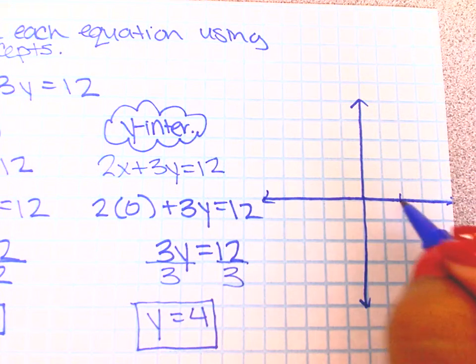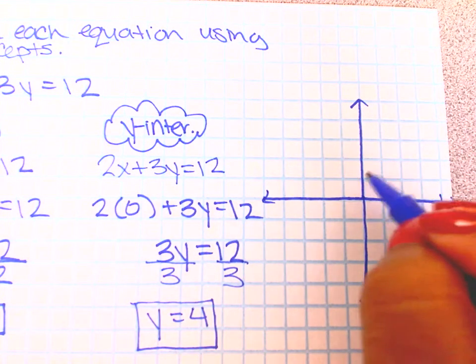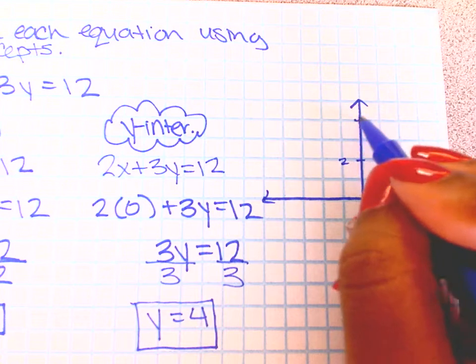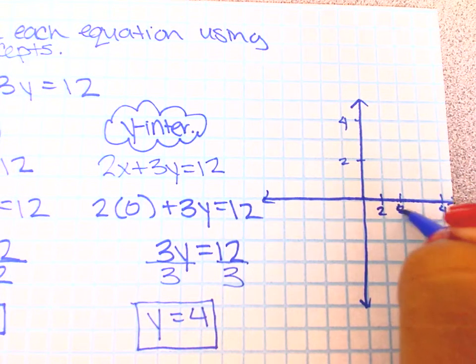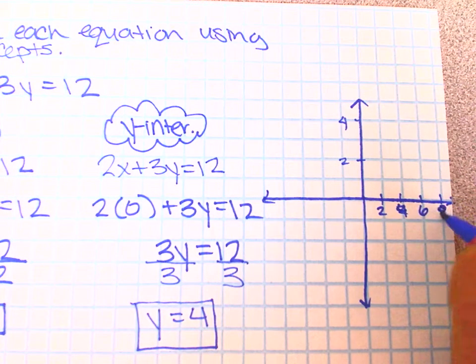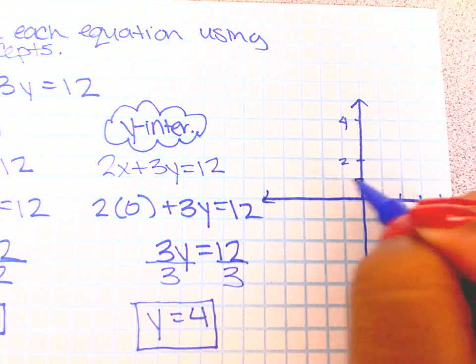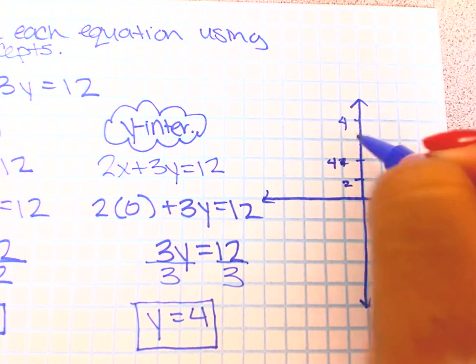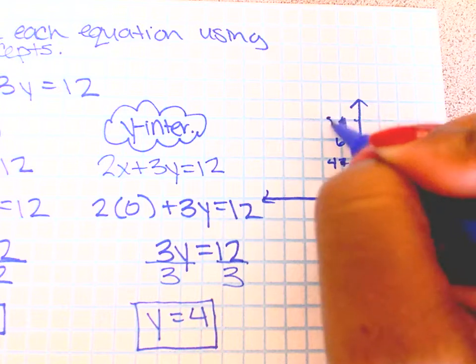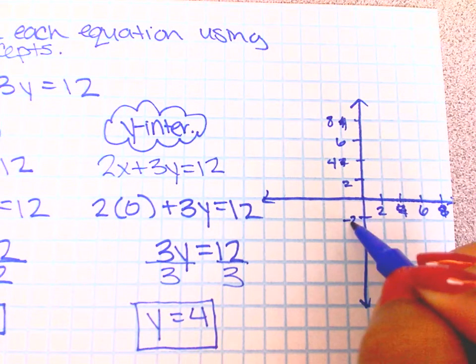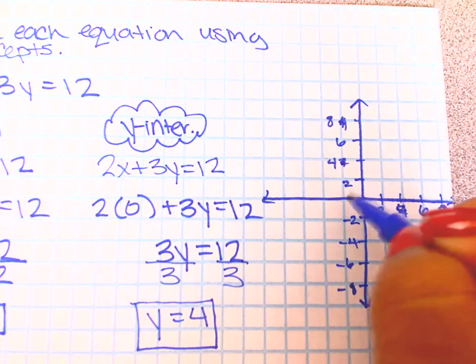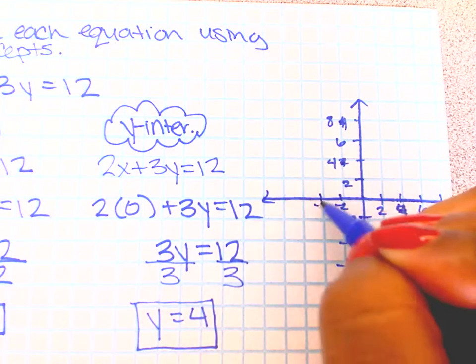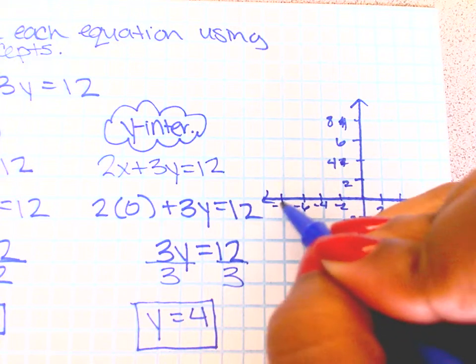I'm going to label it 2, 4, 6, 8, and negative 2, negative 4, negative 6, negative 8 on each axis.